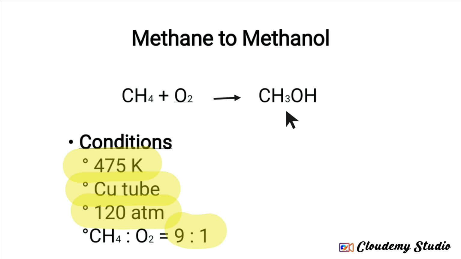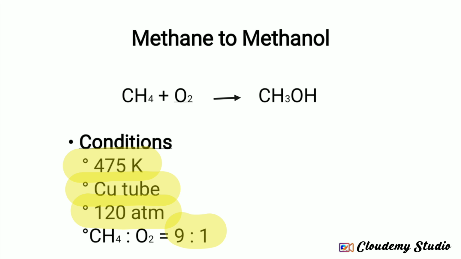But on the right hand side, how many oxygen atoms are there? Only 1. This is an even number, but this is an odd number. This odd number we need to make into an even number by multiplying by 2. That we can do now.